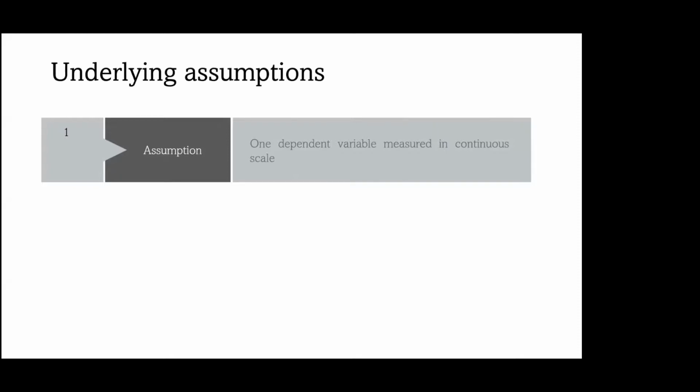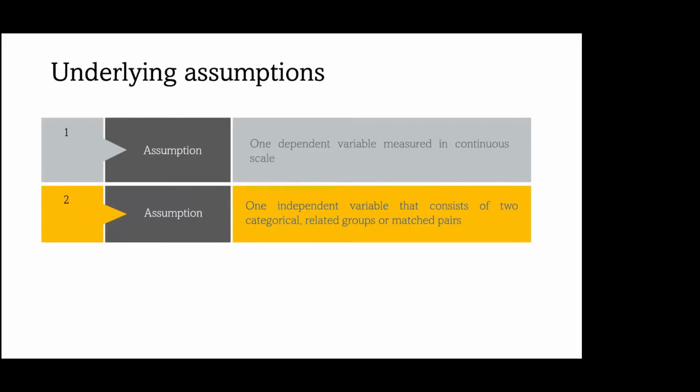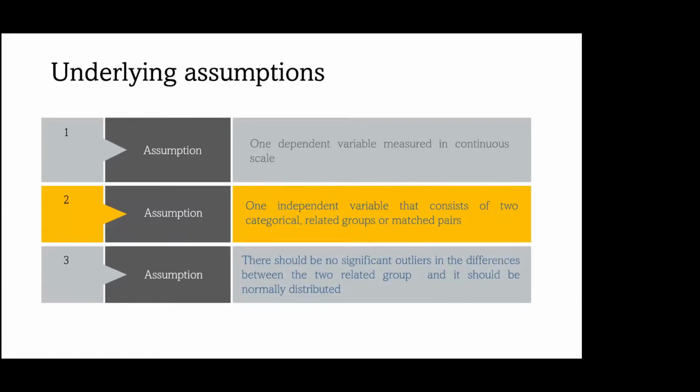So there are some underlying assumptions, like the independent sample t-test. It has also got some underlying assumptions. The first assumption is that the dependent variable should be measured on the continuous scale. The independent variable is basically related groups or matched pairs across 2 different time points or across 2 different interventions. And there should not be any significant outlier in the difference between the 2 related groups.